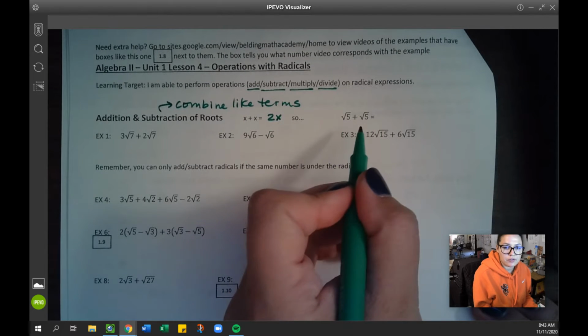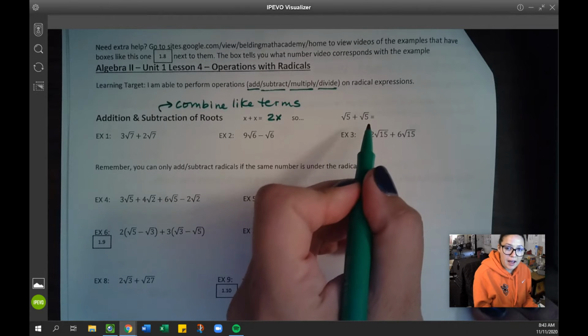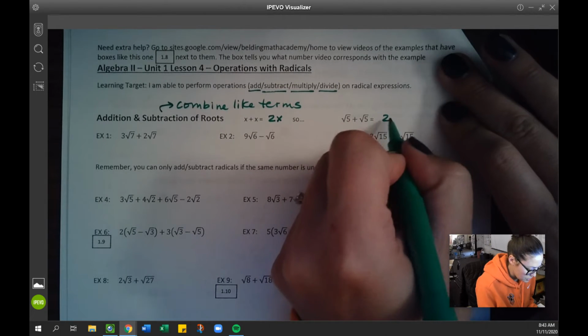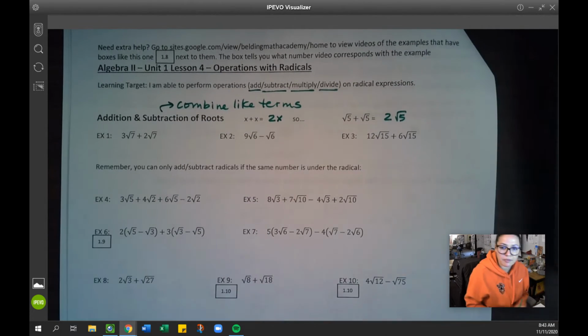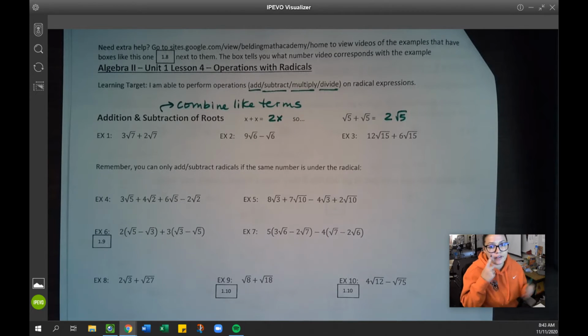So the square root of 5 plus the square root of 5 is 2 square roots of 5. It does not become the square root of 10.